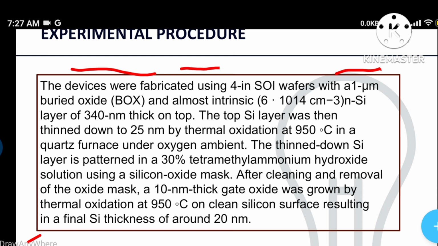The thinned down Si layer is patterned in 30% tetramethyl ammonium hydroxide solution using a silicon oxide mask. After cleaning and removal of the oxide mask, a 10 nanometer thick gate oxide was grown by thermal oxidation at 950 degrees centigrade on the clean silicon surface, resulting in a final Si thickness of around 220 nanometers.